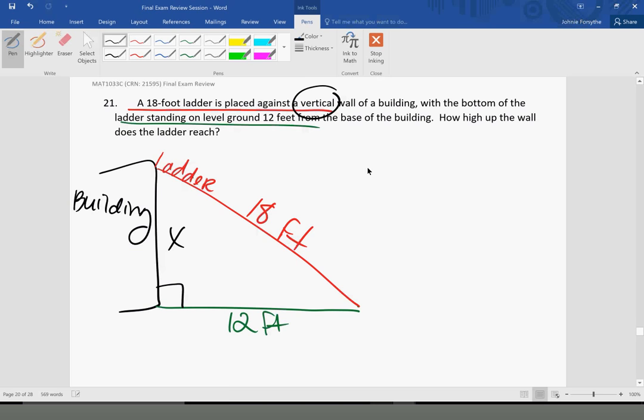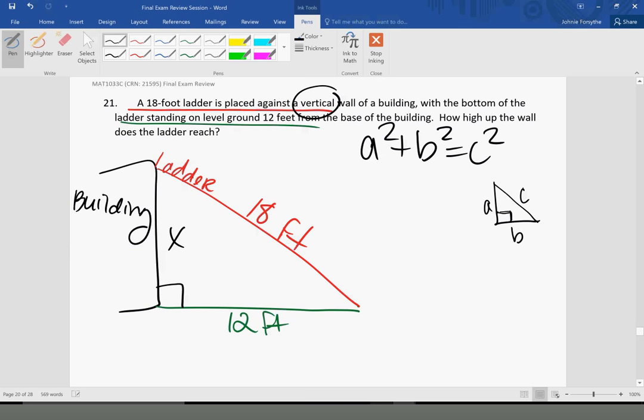So we have a right triangle, so we're going to use the Pythagorean theorem. a squared plus b squared equals c squared. All right? So it's looking for one of your legs. So remember that your hypotenuse, c, is always opposite of the right angle, but a and b, it doesn't matter. Just for the sake of this, I'm going to make a here and b here.